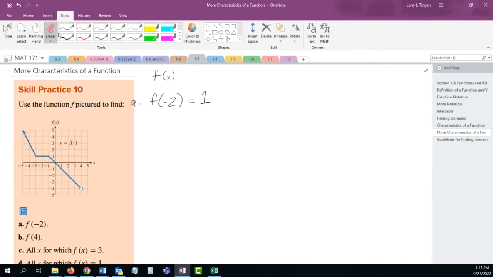So when you plug in -2 for x, there's our notation, y equals f of x, that's just function notation. When I plug in -2, I'm plugging that in for x, right? What does x equals -2 look like on a graph? Does anybody know?